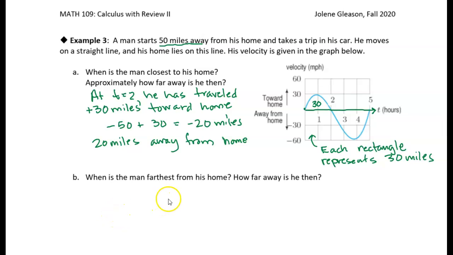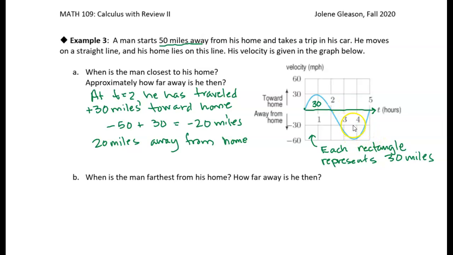All right, so the next question is asking, when is the man farthest from his home, and how far away is he then? Okay, so at t equals 2, he's 20 miles away from his home, and then you can see all of this area down here is negative, meaning he's moving away from home here. And so what we can do is just approximate what this area is, again, just by looking at the rectangles.